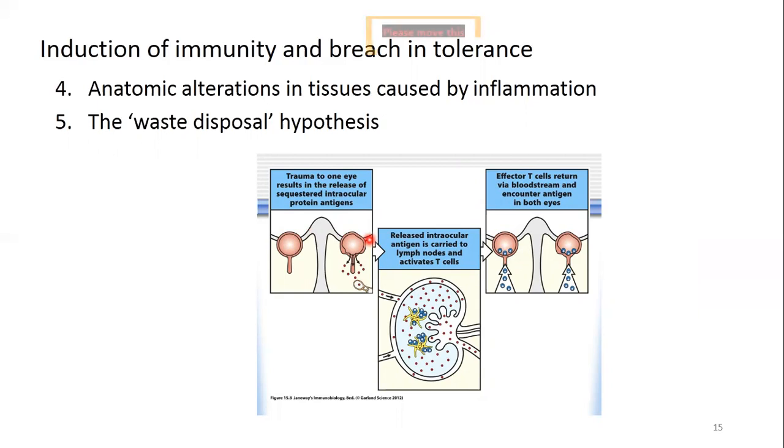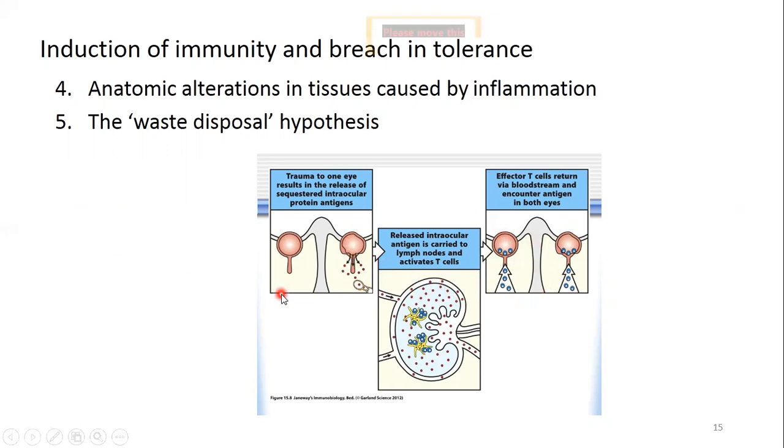So they simply don't know these antigens exist. They presume them as foreign. So simply when there is an attack or antigen exposure from one eye and the stimulation of lymphocytes, the damage of one eye may lead to the destruction of the other eye.